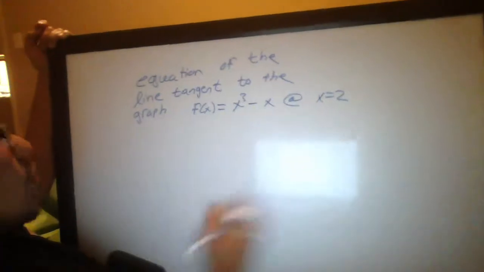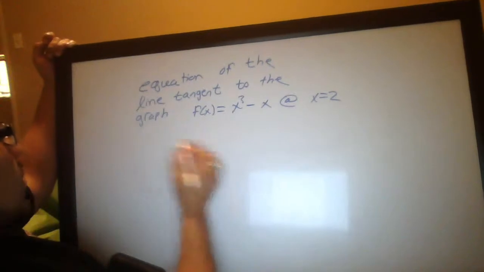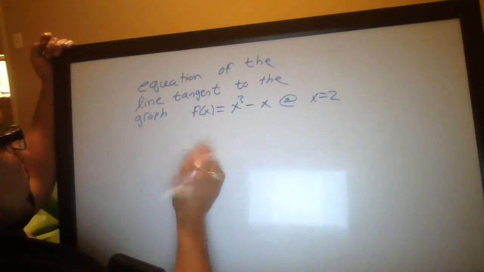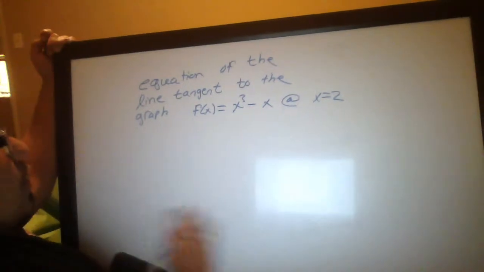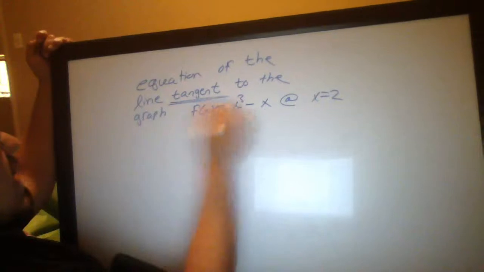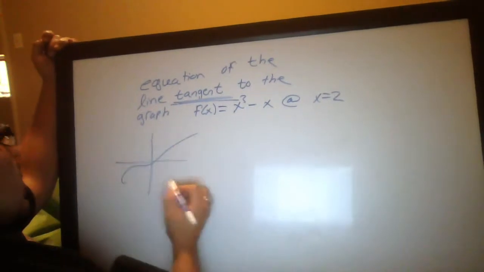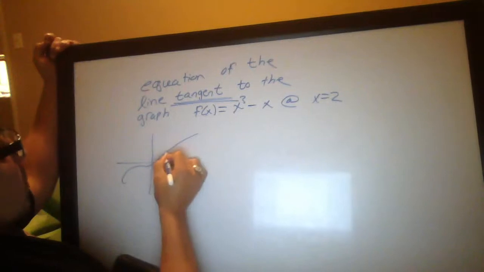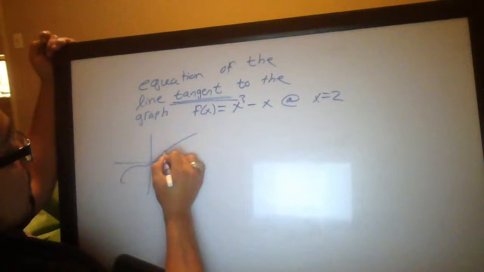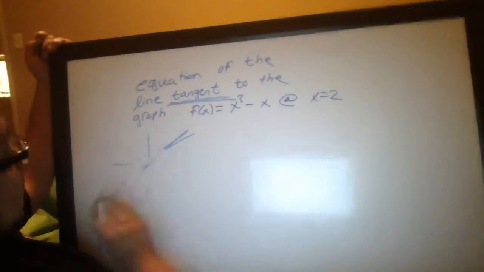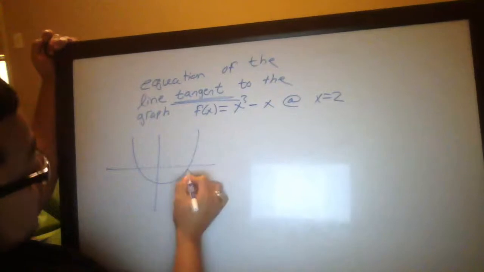So what does this mean? I don't remember what the graph of x cubed looks like, so I won't draw it for you. What does tangent mean? All tangent means, if we had some crazy curve like this, and at this point x equals 2, tangent means a line that is just barely touching it at that point.